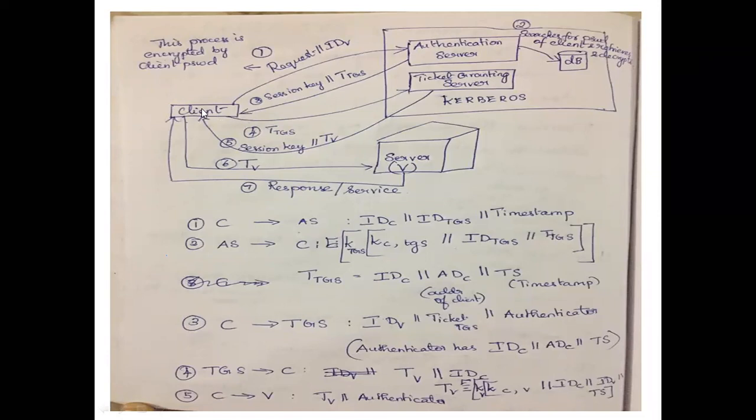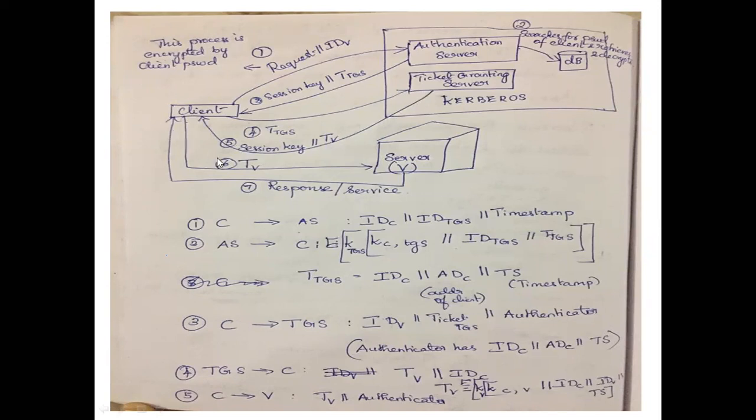The client will again send this ticket to the TGS, and the TGS does the second verification of the client. It will again approve that the client is original and send the ticket of the server.